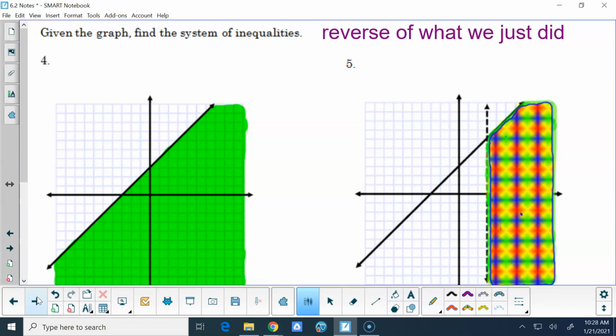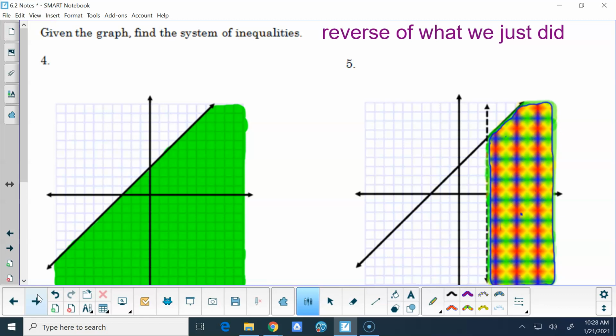In the first one, yes, in a system, the answer to your question is yes. But this first one is technically not a system because we're just using it to go in reverse. Just getting you to think about how to go in reverse. Find a system that's more than one. Correct.